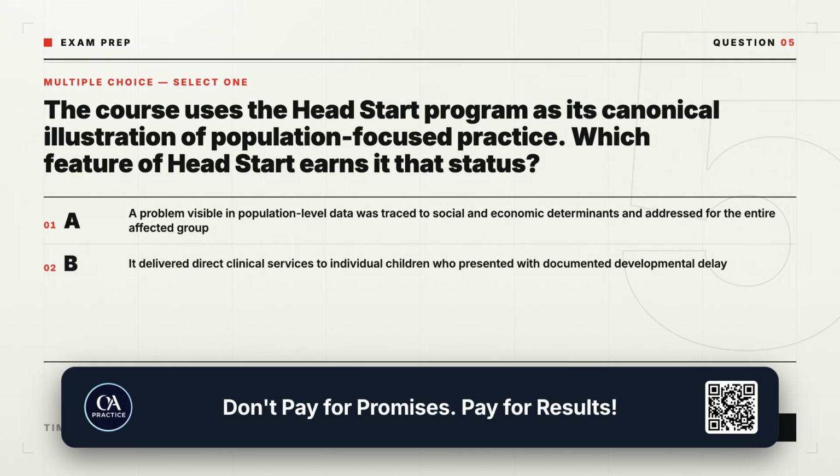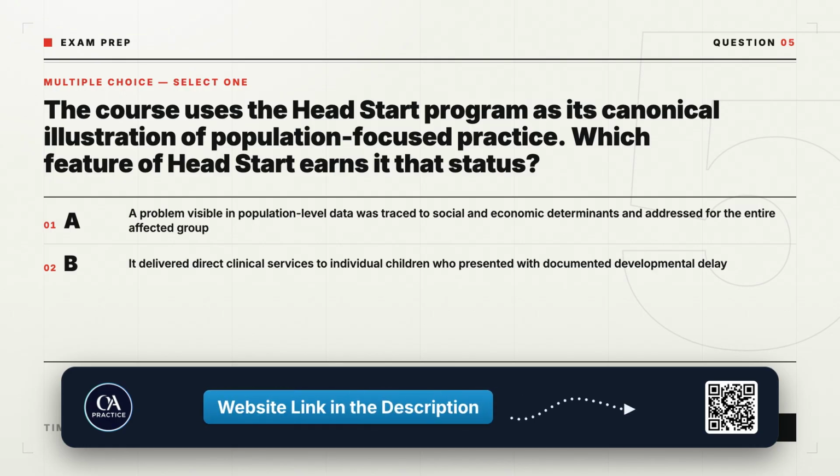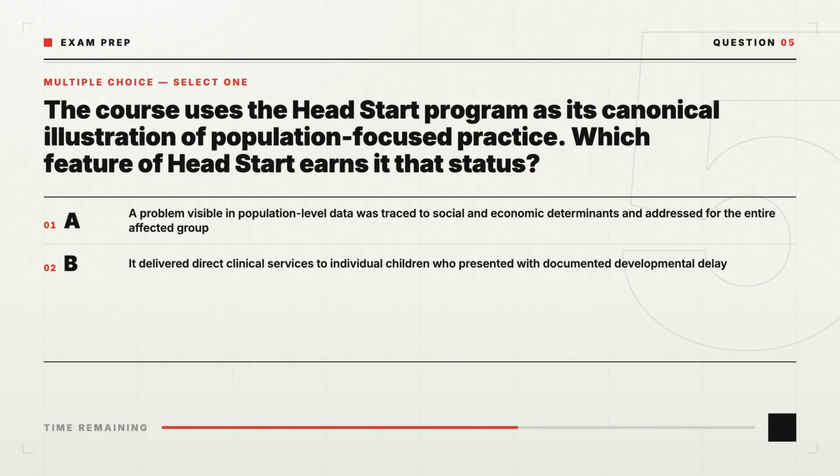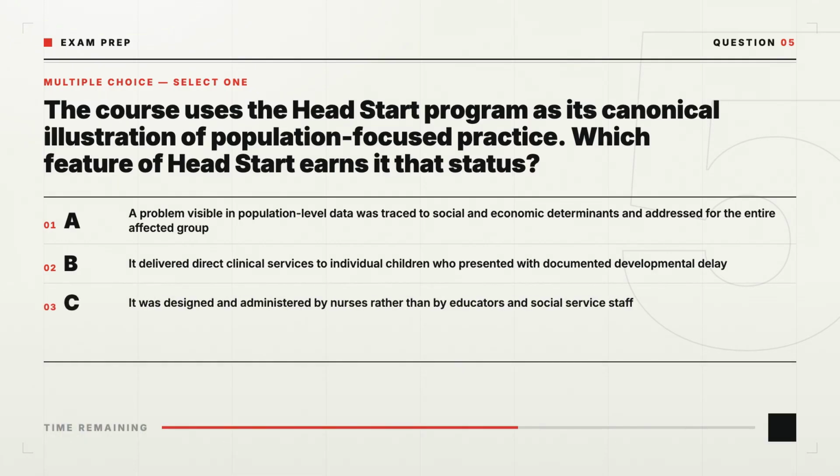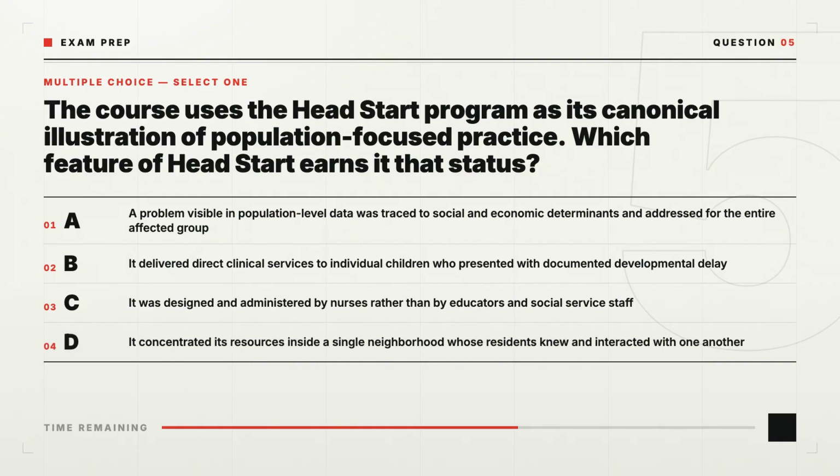B. It delivered direct clinical services to individual children who presented with documented developmental delay. C. It was designed and administered by nurses rather than by educators and social service staff. D. It concentrated its resources inside a single neighborhood whose residents knew and interacted with one another. Pick one, trust your gut, here's your chance to test yourself.